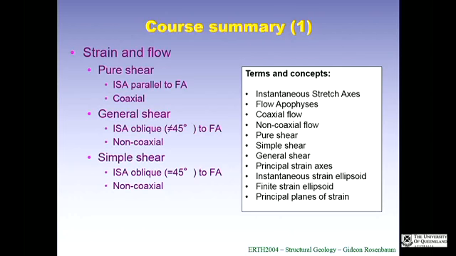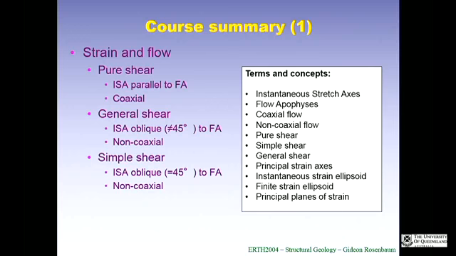So then we talked about coaxial flow and non-coaxial flow, and really the important thing is that coaxial flow is a flow in which the instantaneous stretch axes are parallel to the flow hypothesis, and non-coaxial flow is a situation where the instantaneous stretch axes are not parallel to the flow hypothesis. And therefore, this type of flow will always have rotations.